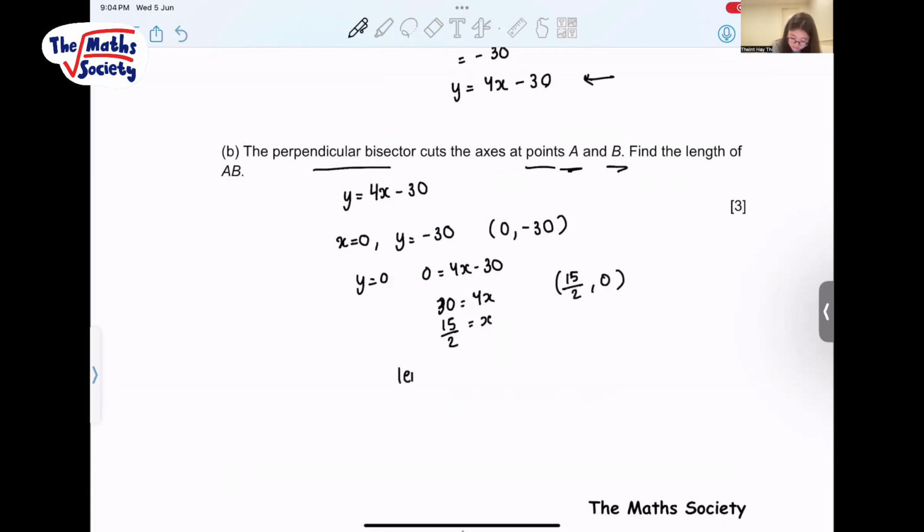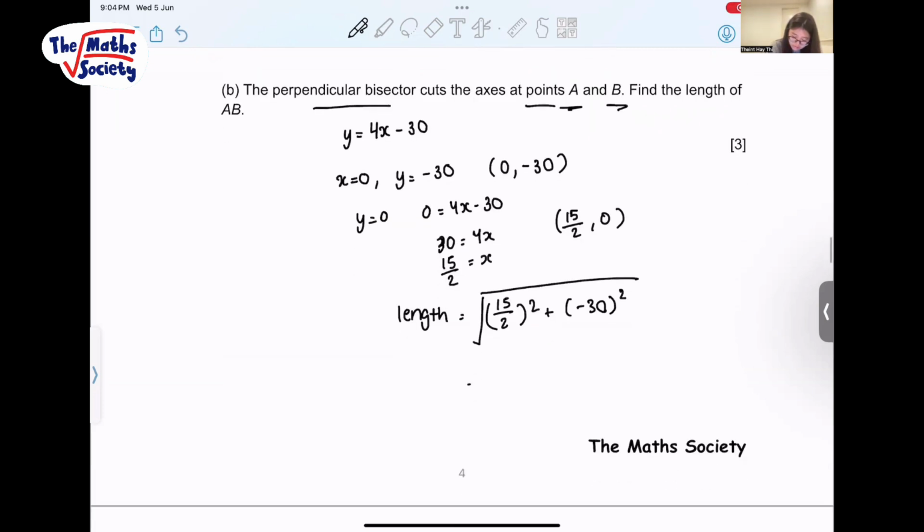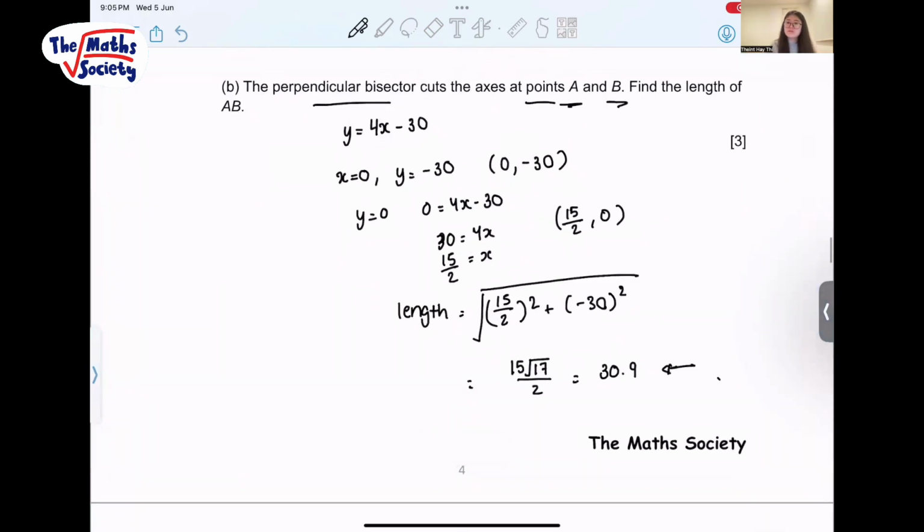And then you find the length and use the formula as usual, which is 15 by 2 the whole squared plus minus 30 the whole squared, and root. So you will get 15 root 17 by 2, and then that makes up 30.9. Yep, and that should be your length.